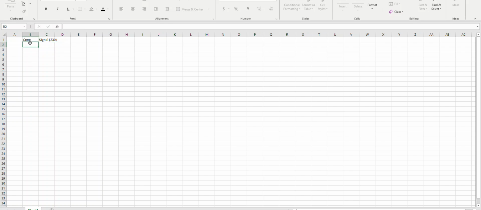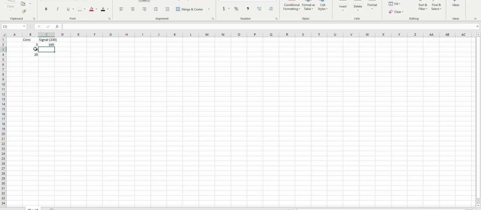And the concentration is going to be 5, 10, and 20 ppm. And at 230, we got 169 MAU seconds.